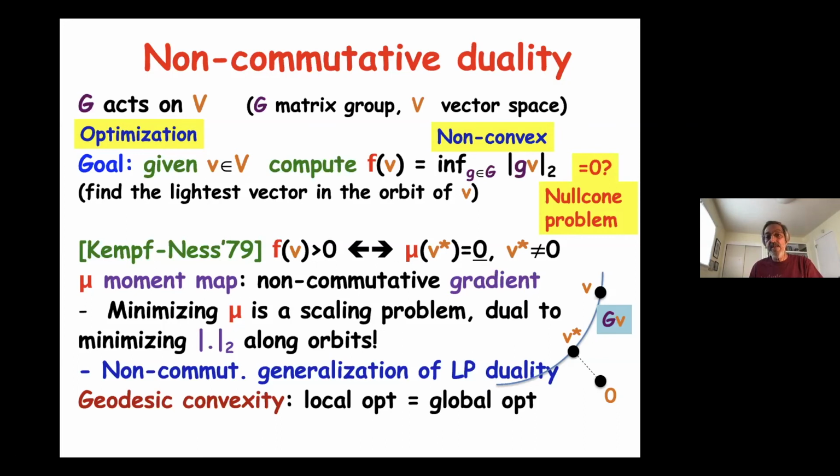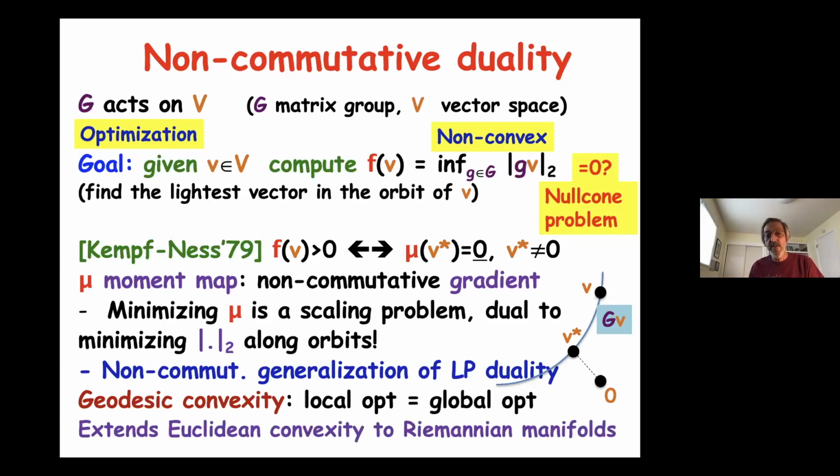Despite my repeating myself saying these are not convex problems, they are not convex only if your point of view is that a straight line is the shortest distance between two points. In the setting of these non-commutative group actions, you have geodesics which don't look like straight lines. And if you look at a geodesic as the shortest distance, they become convex. That's the message here.